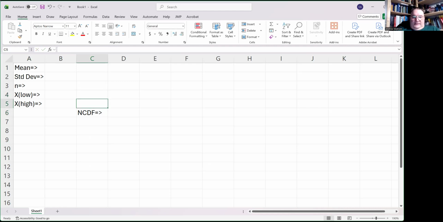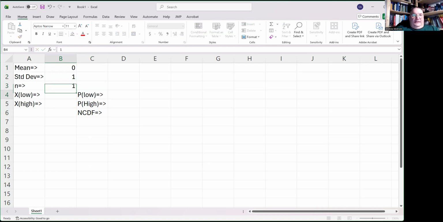And then we can come out here and say P high, and then P low. Now, a lot of times when we do these calculations, we're going to assume a mean of 0 and a standard deviation of 1, and that n equals 1.